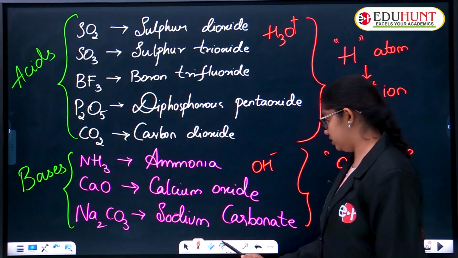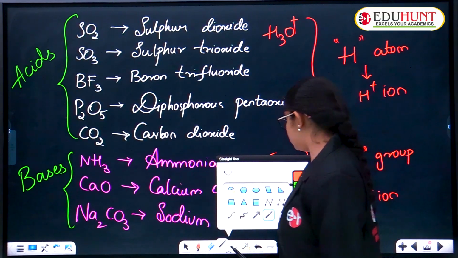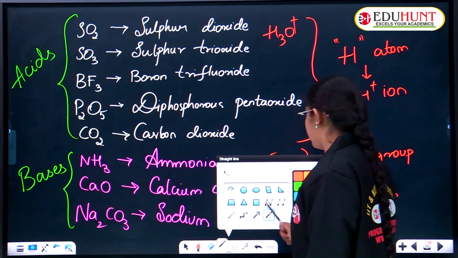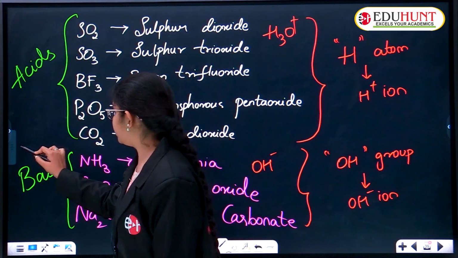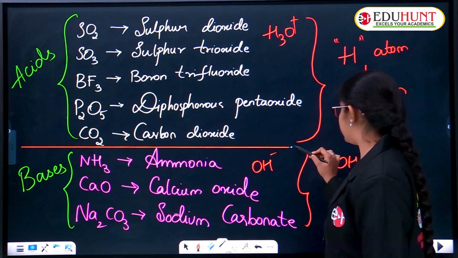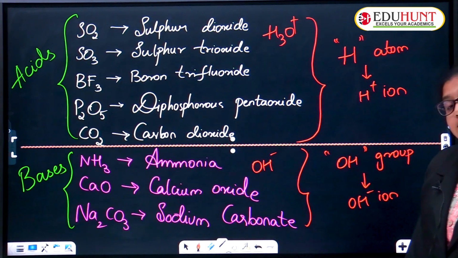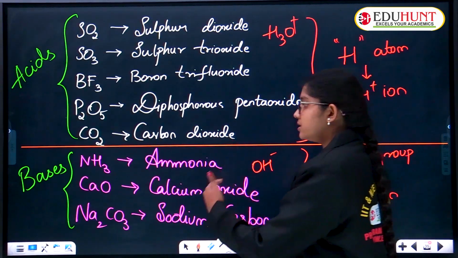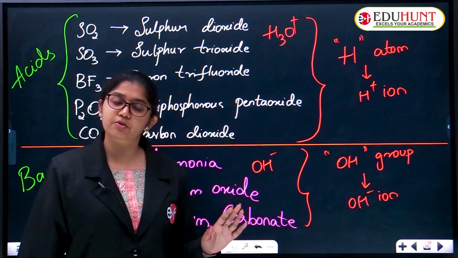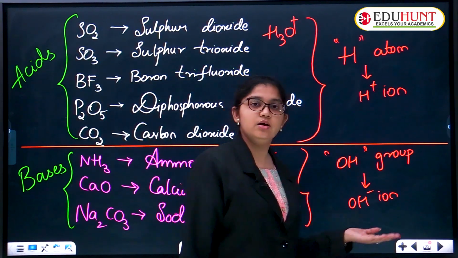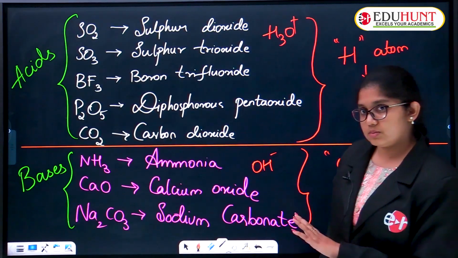So this is all about the concept of acids and bases regarding Arrhenius theory and its modifications. So these are considered as the acids and bases after the modifications of Arrhenius theory, but before that there was no special recognition and representation of these acids.